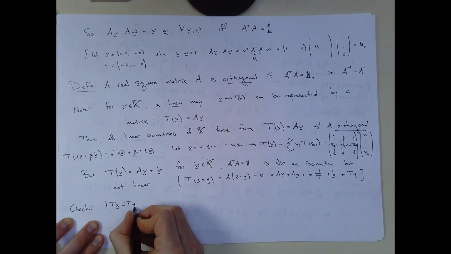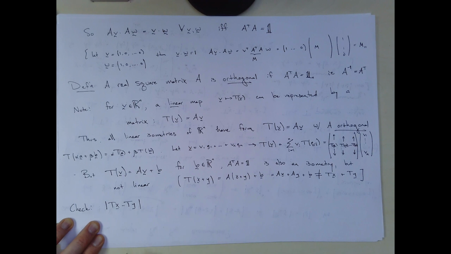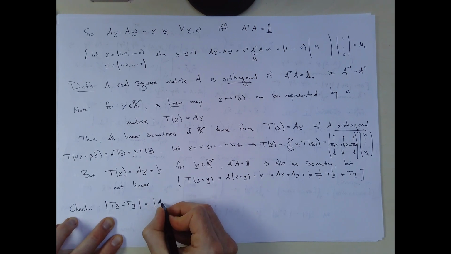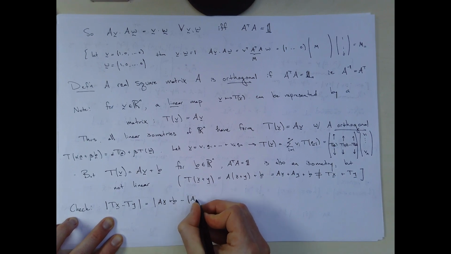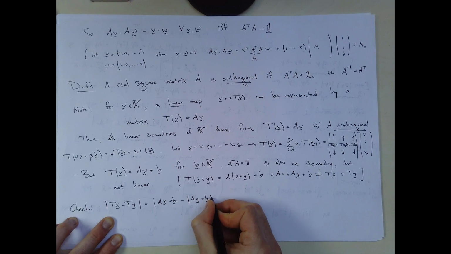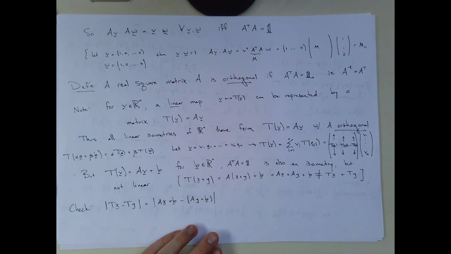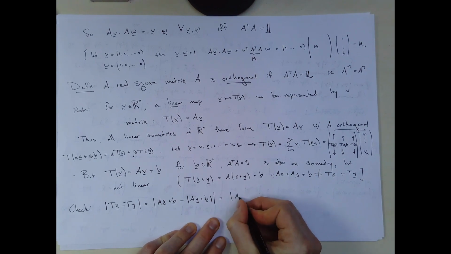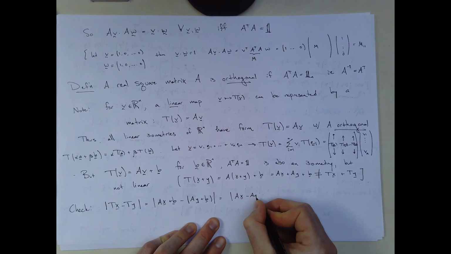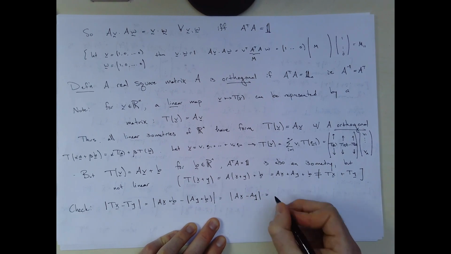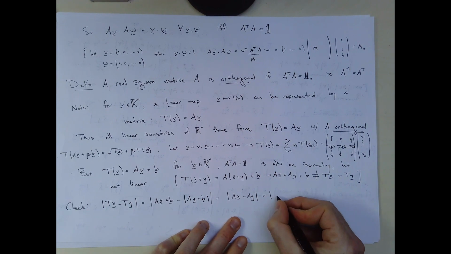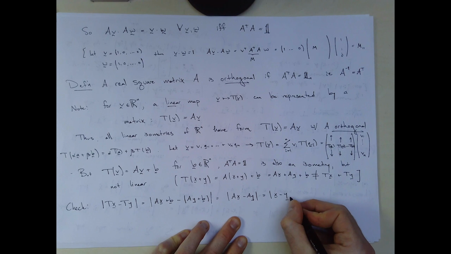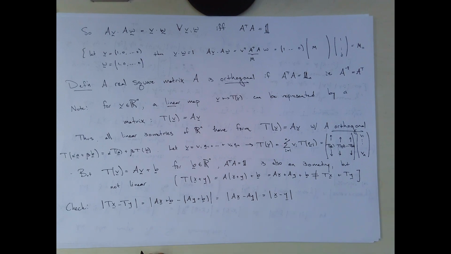The norm of Tx minus Ty, which goes straight to the definition, is A x plus b minus A y plus b. The b's disappear, and we're just left with the magnitude of Ax minus Ay. And since A is an orthogonal matrix, that does satisfy distance preserving, length preserving, equals the norm of x minus y.